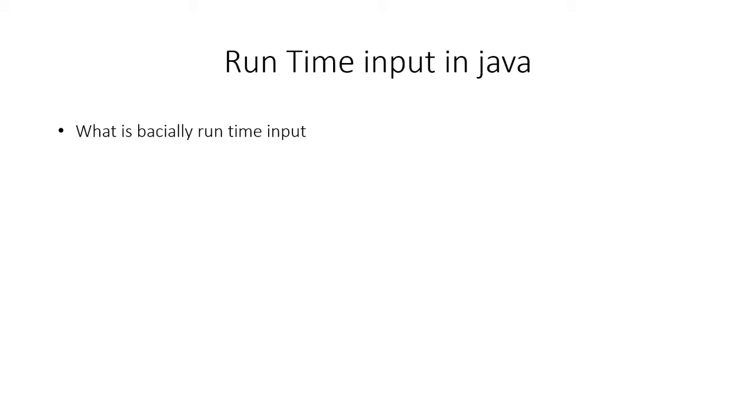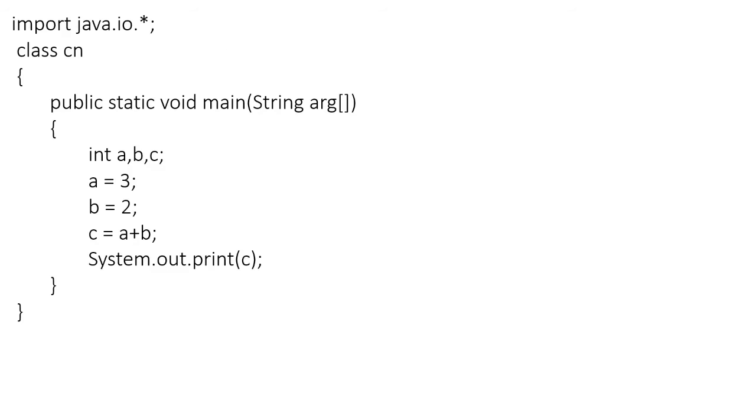Now you understand what runtime input is. So the next question that arises is what is the use of runtime input. To explain this, I'll show you one program. Students, if we analyze this program, actually three variables are used.